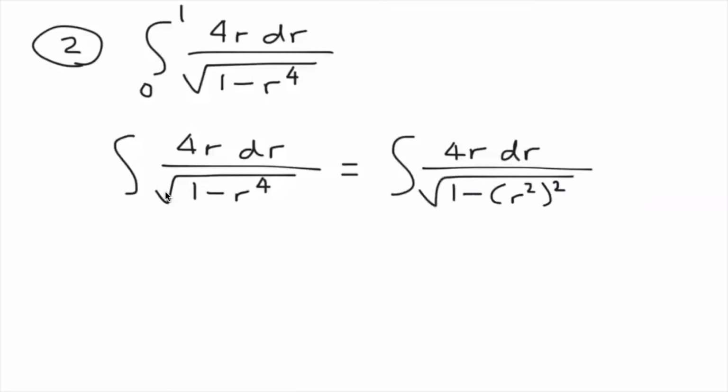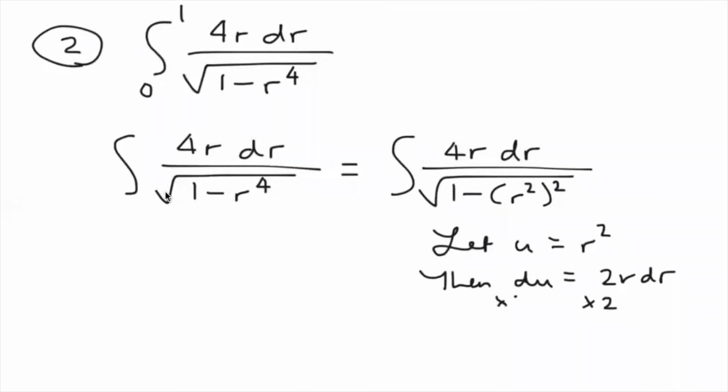So I'm going to let u equal r squared, which is going to make du 2r dr. And why don't we build the 4 in there? I'll multiply both sides by 2. And then 4r dr will get replaced with 2 du.